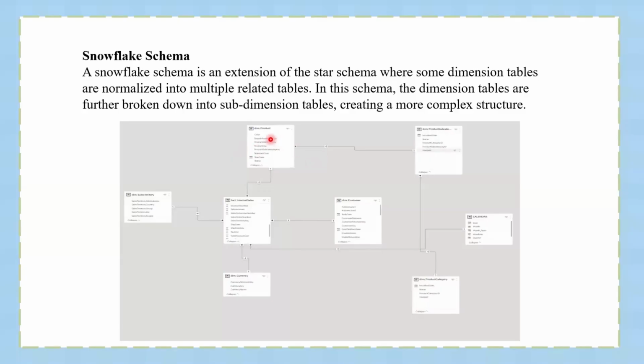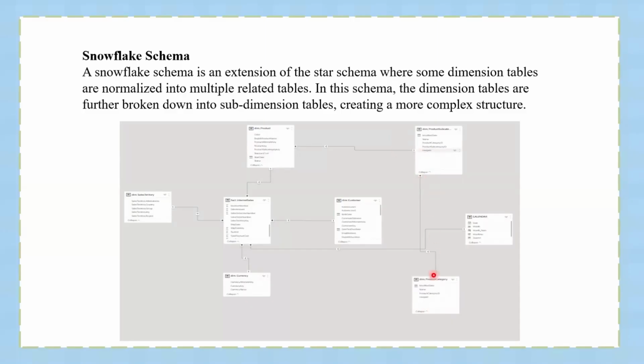So we have a table that is describing products. But now, this product table has also been further broken down into the product subcategory and product category. So what are the categories of products that the business sells, and what are also the subcategories of this category of products that they sell?